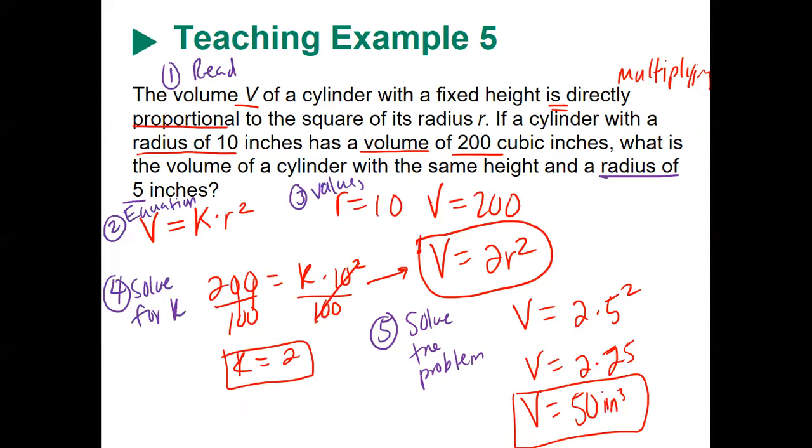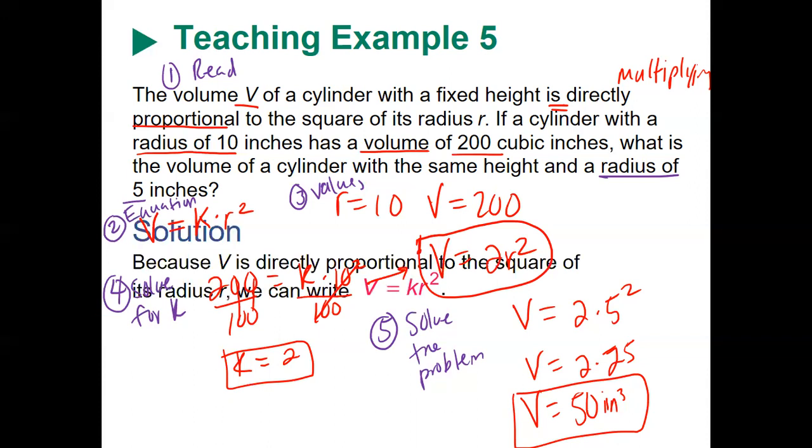It said, what is the volume of a cylinder with the same height, but a radius of 5? And we got 50 cubic inches. So: read, equations, values, K, solve the problem. Questions?